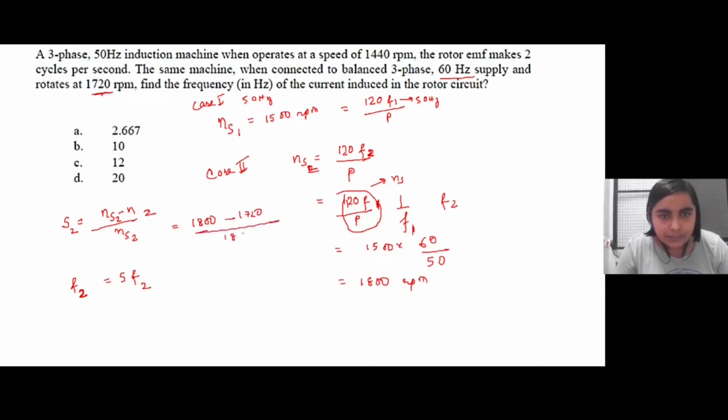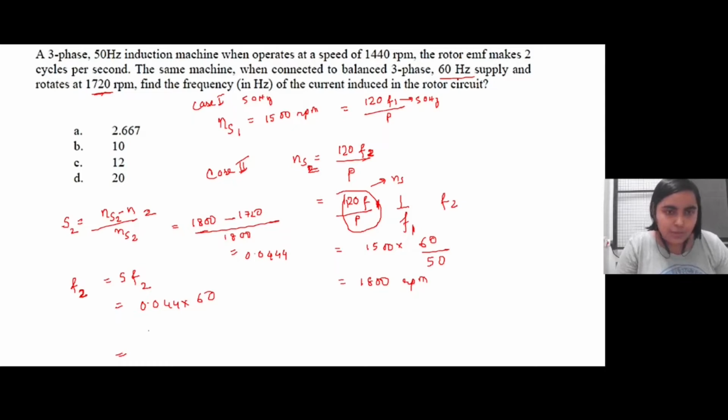So it is 1800 minus 1720 divided by 1800, which is 0.044. So the new frequency of the induced current in the rotor circuit will be 0.044 into 60.